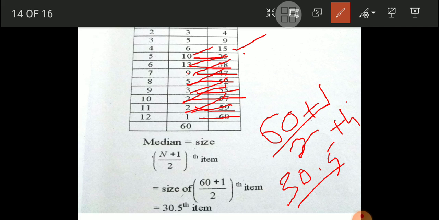So this family is the median item out of that one, isn't it? So median size is the 30.5th, isn't it? So this is the answer.